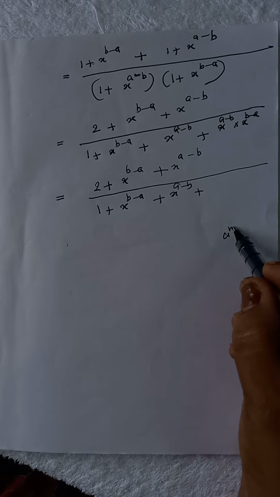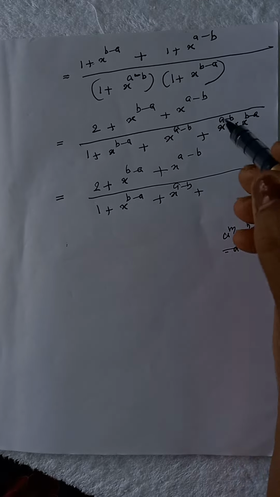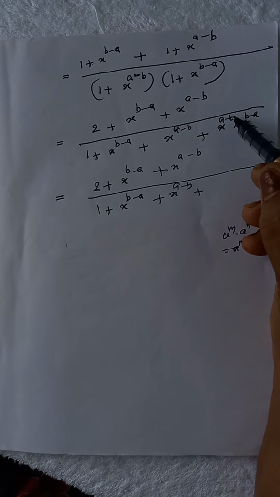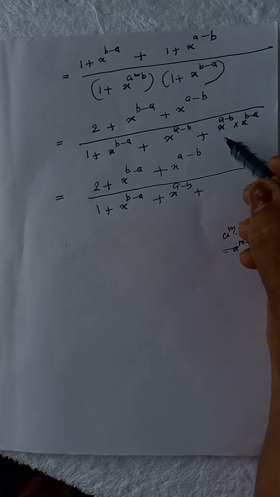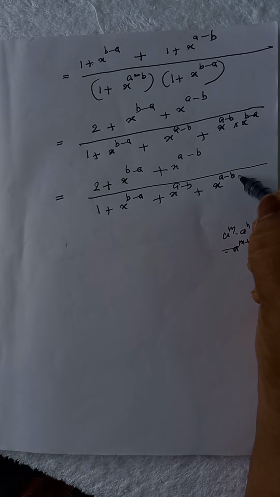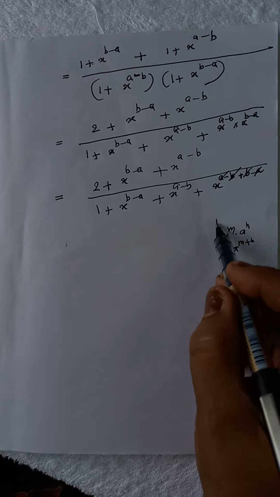This is in the form a raised to m into a raised to n is equal to a raised to m plus n. By using that, if this is a, the bases are same, and this is m and this is n, we can write a raised to m plus n, like that x raised to a minus b plus b minus a. Here minus b and plus b can be cancelled, a and minus a can be cancelled. So this is x raised to 0.